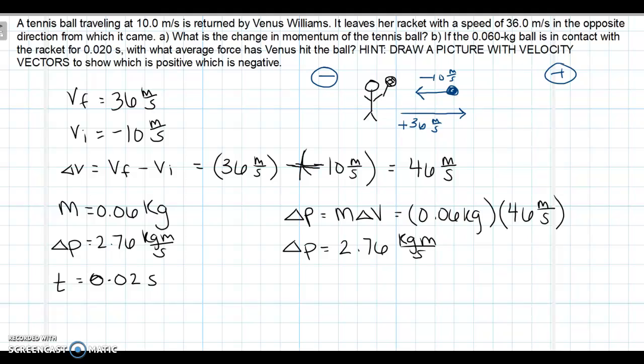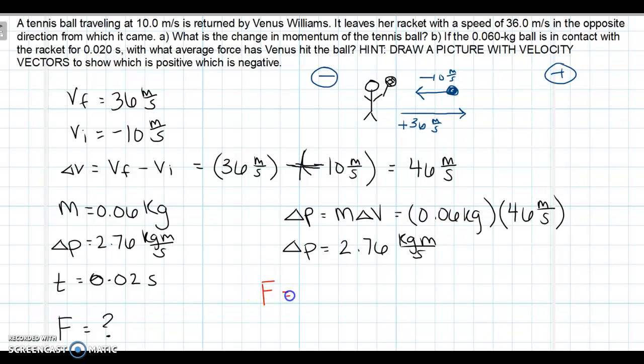But this is 0.02 seconds. That is the time that the ball is in contact with the racket itself. We can use this information to solve for our force. I'll use a different color here just so you can see that this is the first part of the problem and this is the second part.